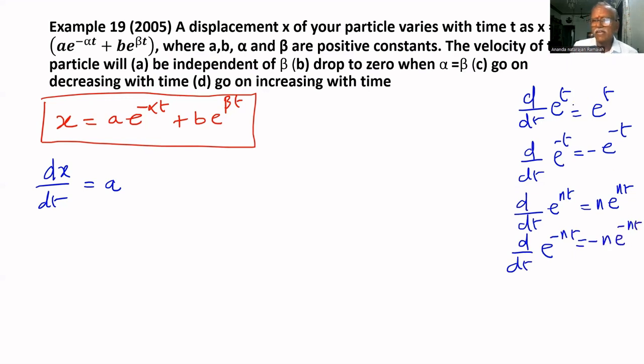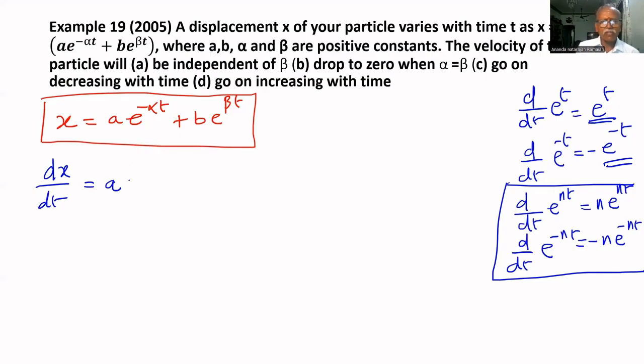If you differentiate the exponential function, you will get the same function, but the coefficient will change. This is the general formula you have to remember. Here, instead of n, alpha is there with a negative sign. A is constant, leave it.